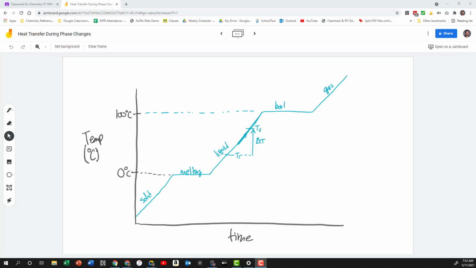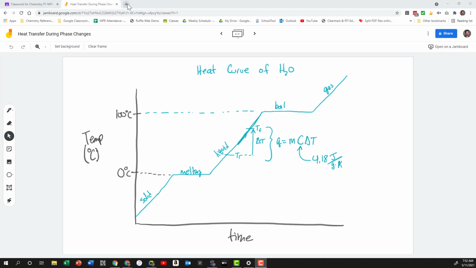And then we can find out how much energy is added during that time, if we know the mass of the substance, C delta T. This is the heating curve of H2O. And this C is 4.18 joules per gram per degree Celsius, or per Kelvin, which they show you on your reference tables.